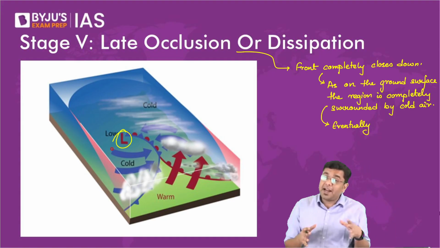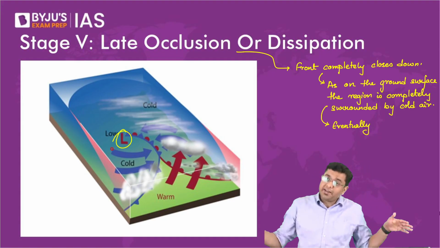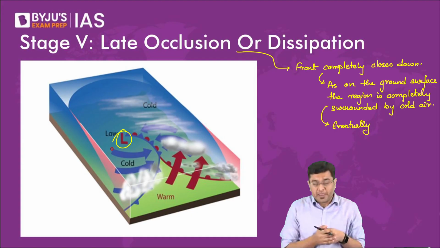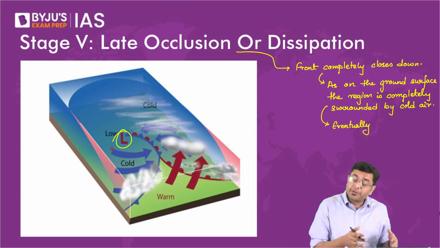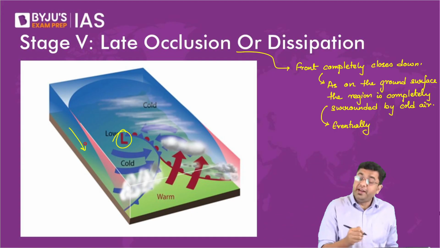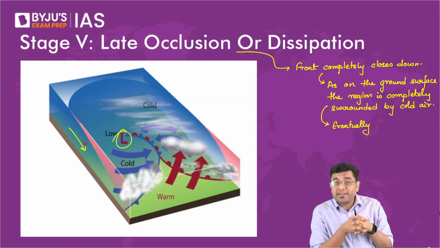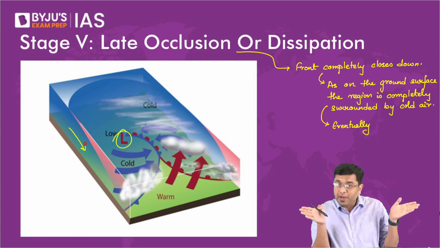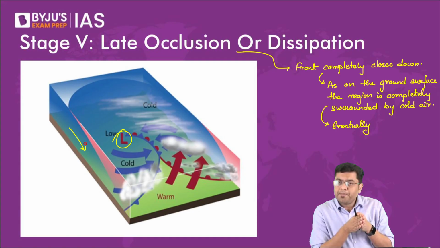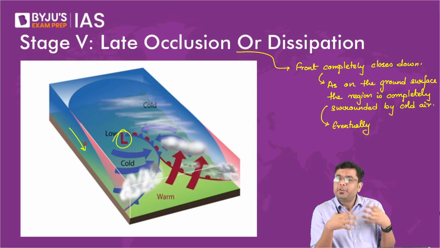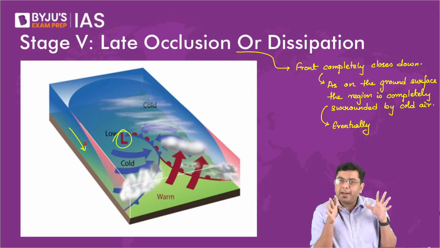Now, if at that region of low pressure, there is a uniformity of temperature of air surrounding it, because the cold air has come in from all sides, that means on the ground surface, you no longer will have the existence of the front around that portion. So that means you will have a closing of the front, isn't it? So once the front gets closed, no cyclonic circulation will happen. So that is the end of a temperate cyclone.